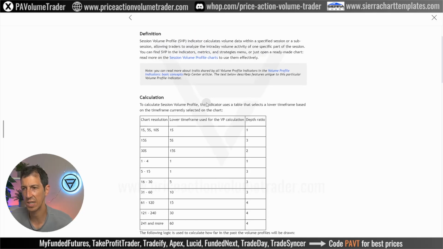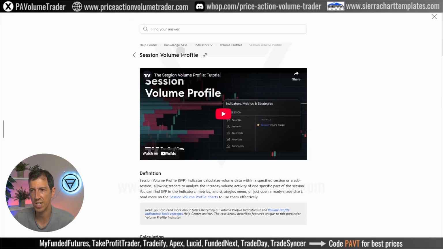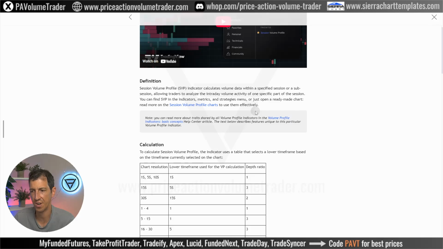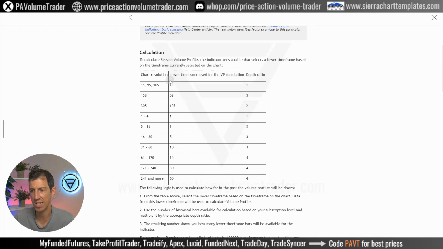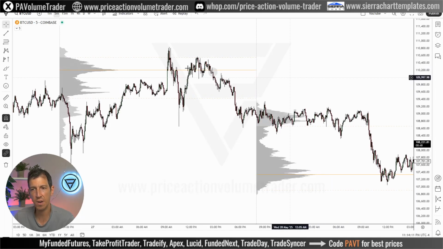Okay, and this is the page where they talk about it, session volume profile under their knowledge base. So basically they calculate it based on the lowest time frames possible and the chart movements up or down, okay? But I have compared volume profiles between Sierra Chart and TradingView.